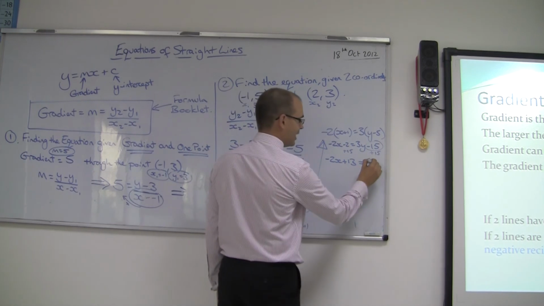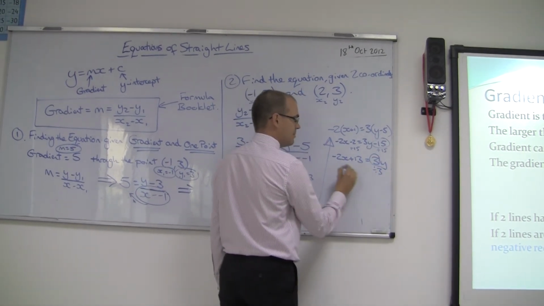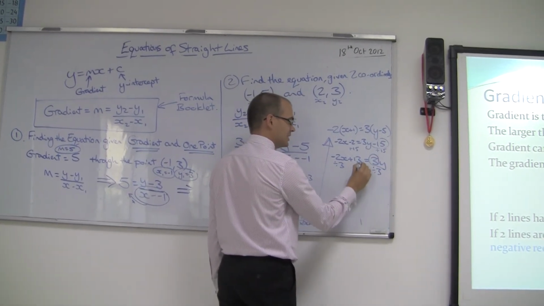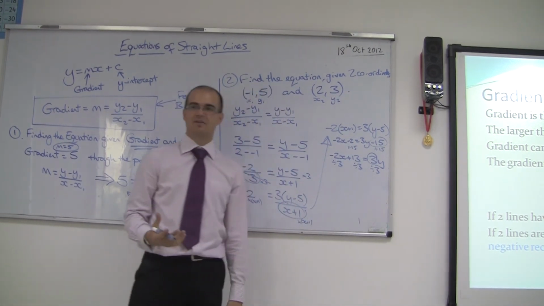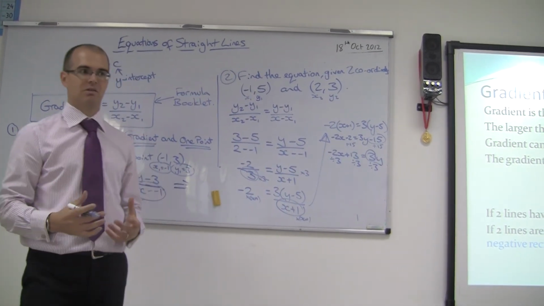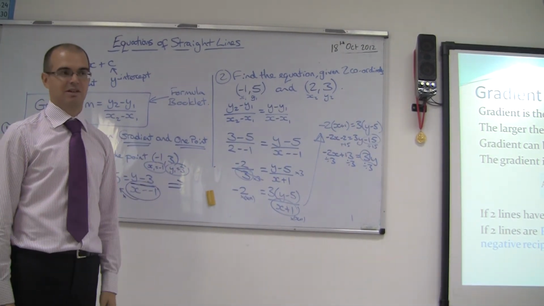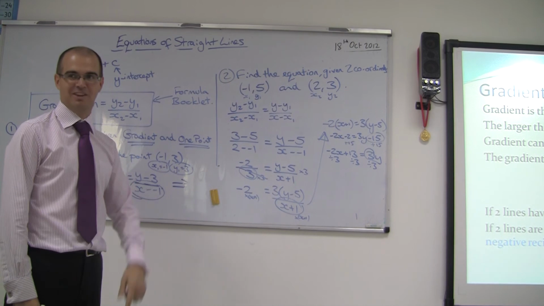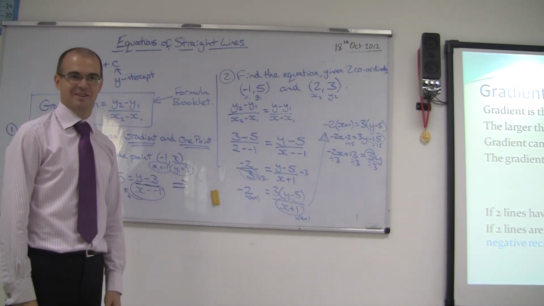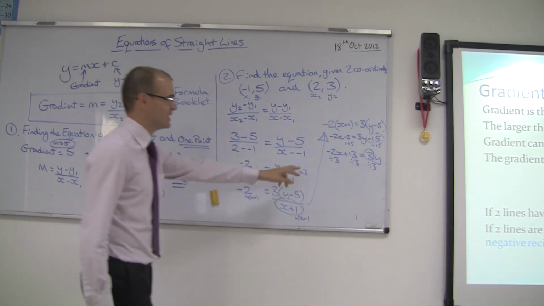So how do I eliminate that? Divide by 3. But remember, I've got to do it to every single term. What's the easiest way of showing divide by 3? Because I don't know what 13 divided by 3 is off the top of my head. Well, I do. That's just for the camera. What's the easiest way of showing a divide?